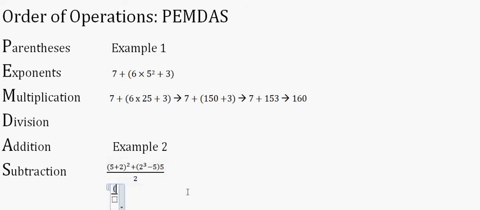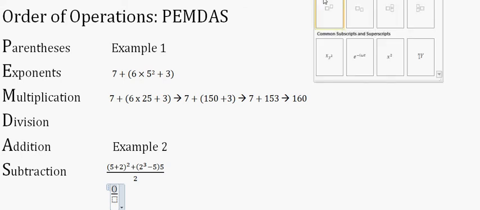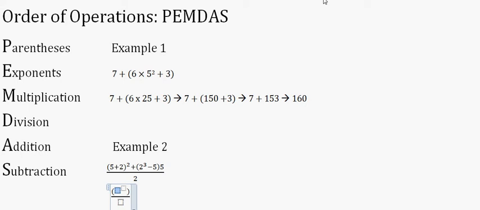So we have the first parentheses, 5 plus 2 is 7. So we have 7, and using this program, I can put in the exponent. So we could do 7 squared, because the squared still stays, plus the second set of parentheses.